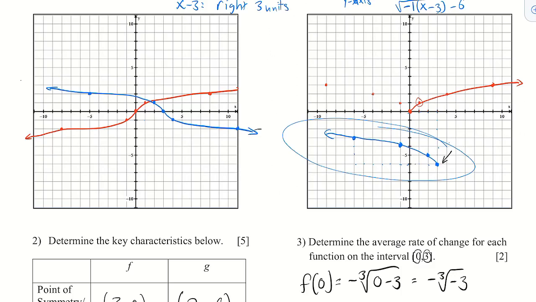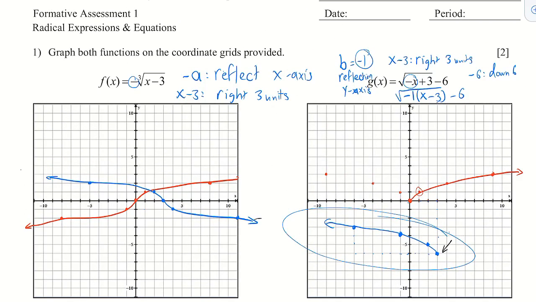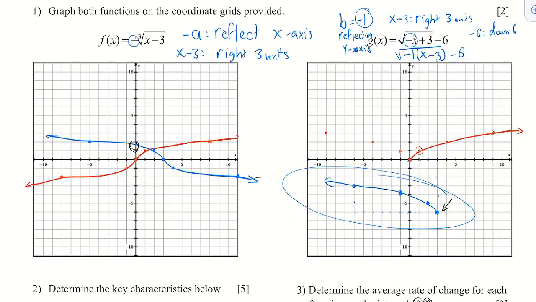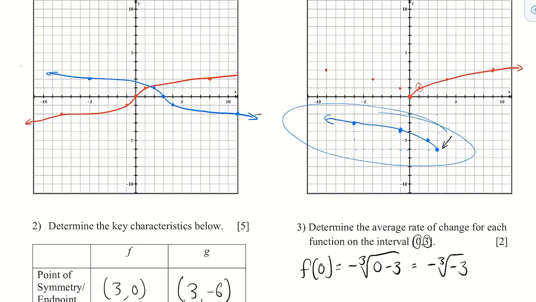Now that seems kind of odd, but if I take a look at where my 0 is for my first function, it looks like it is somewhere right around there. So you'll notice that it's actually positive. That's kind of weird because I have a negative.